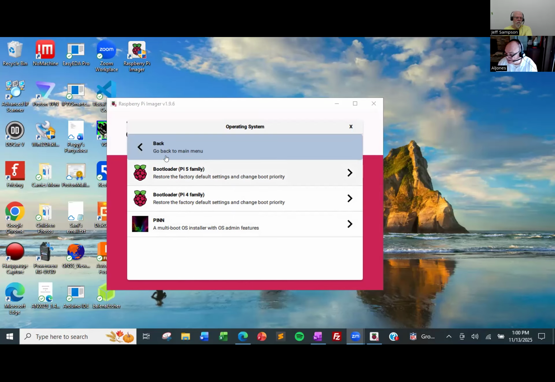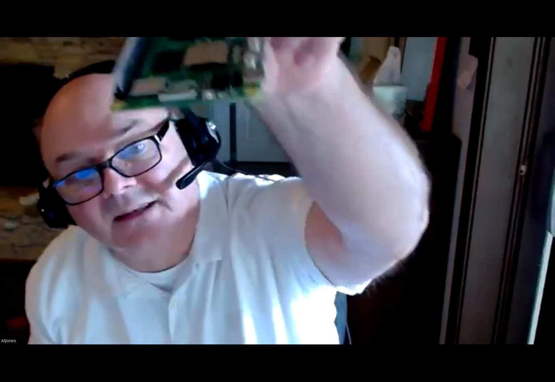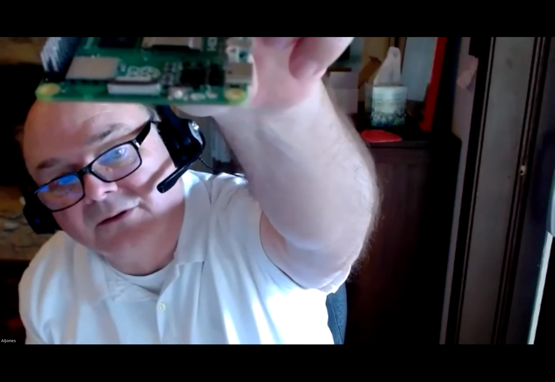In the Raspberry Pi imager, there is a bootloader that you can burn to a disk and test that out. I did that, and everything pointed to the CPU being dead. I got to that point because of the LED right by the on-off switch, which I never paid much attention to.